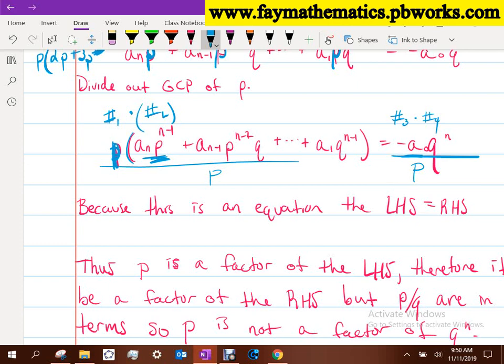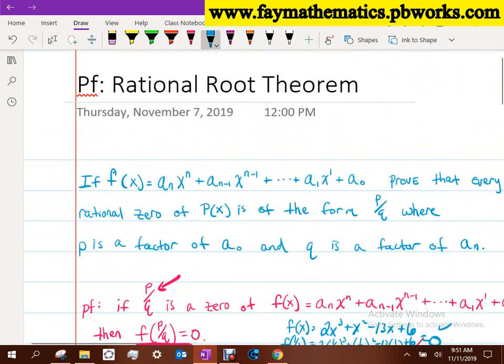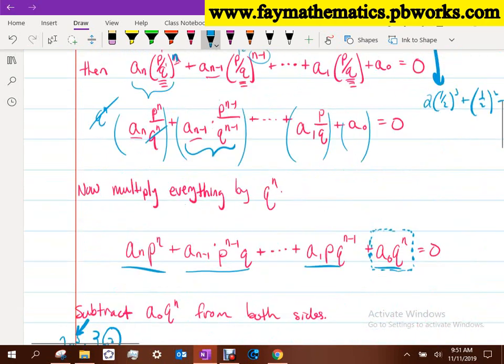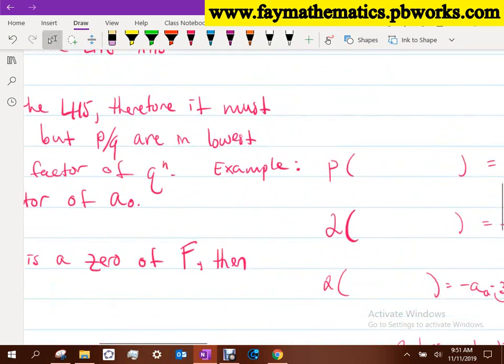No. But if this side is identical to this side, p needs to divide into this somewhere. So if it doesn't divide into the p or into the q to the n, what does it have to divide into? Does it have to divide into a sub 0? Does that show you that p is a factor of a sub 0? P is a factor of my constant term. The argument kind of shows you this with specifics.